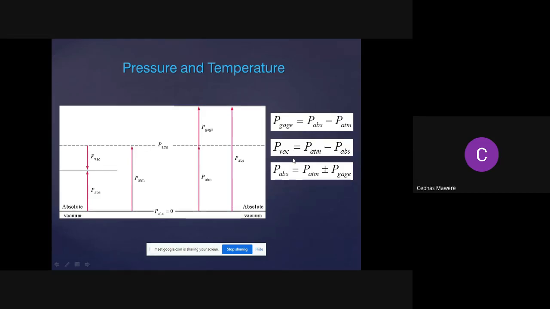And likewise, we also have what we call vacuum pressure. Vacuum pressure is calculated as atmospheric pressure minus absolute pressure. So the vacuum pressure is like a negative value of the gauge pressure. You will notice that many times vacuum pressure is the pressure which is calculated in a vacuum.